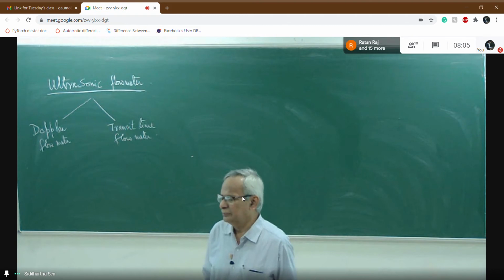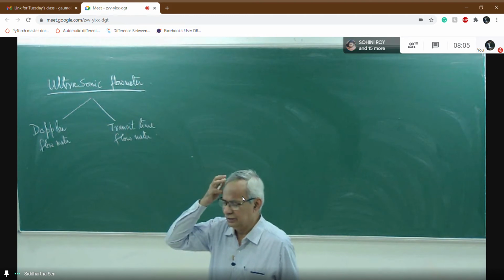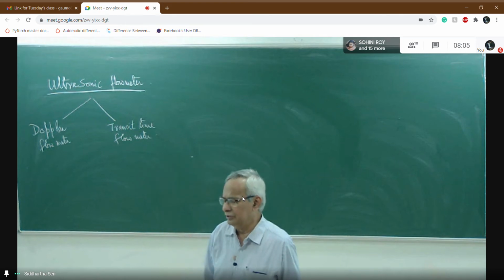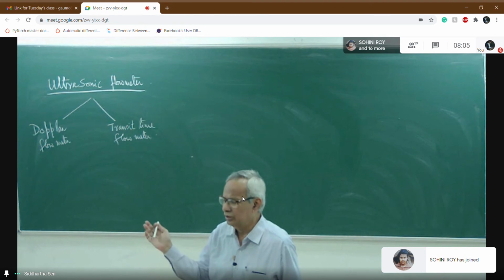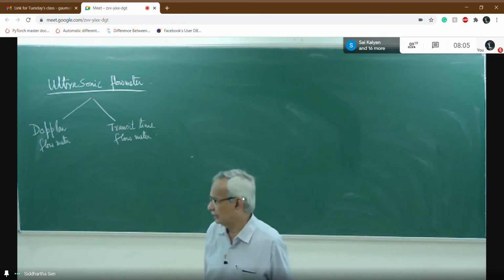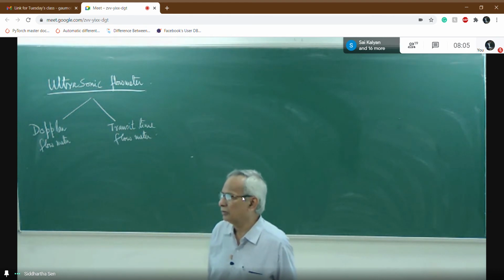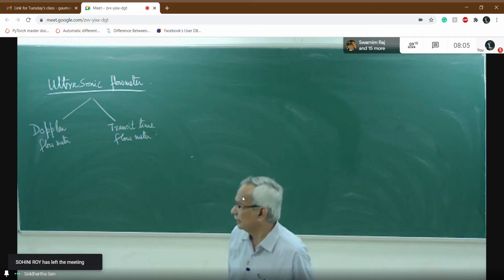Whenever a star is moving away, the frequency emitted by it shifts to a longer wavelength. That is what we call redshift, and from the amount of redshift, we can find out the velocity of the star.